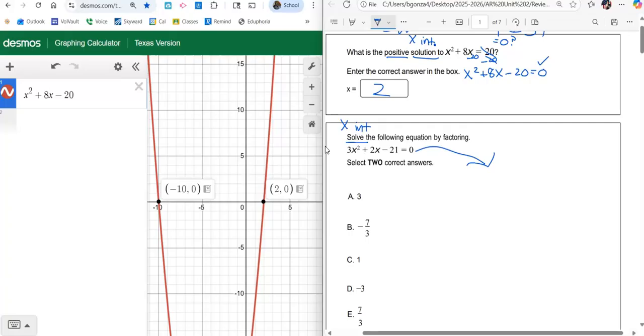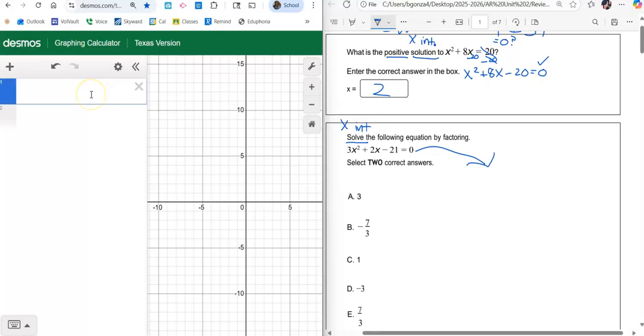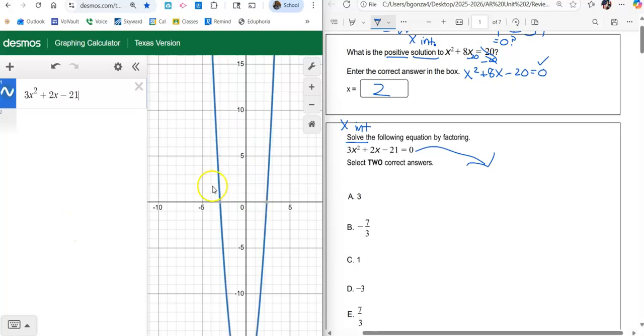So what we can do is we can just take this over here, type it in, and once again, we can click these solutions, okay? So when you solve, you're looking for the x-intercepts, okay? So what you can do is just graph it and look for the x-intercepts.